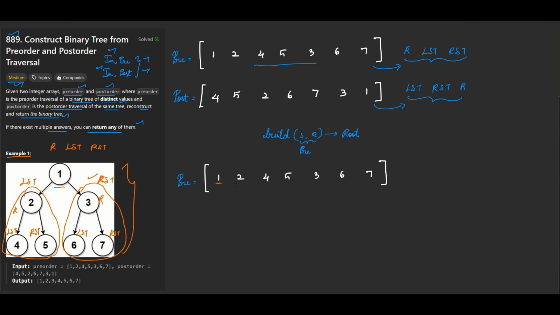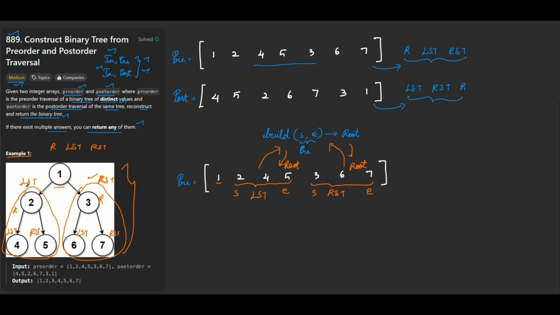If we just somehow figure out the chunks of values, I mean the subarray that has all the values which are present in the left subtree, and the chunk of the subarray in which all the values are belonging to the right subtree. If we somehow figure out the range, the starting and ending point of these two ranges, can we just simply pass these ranges to the build function such that this build function will be returning the root of these left subtree and right subtree, right?